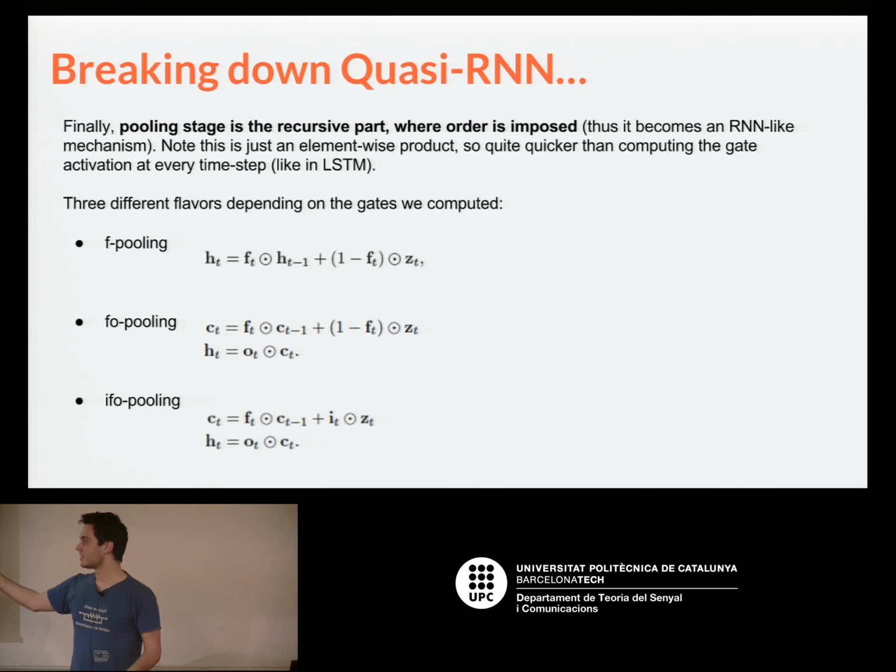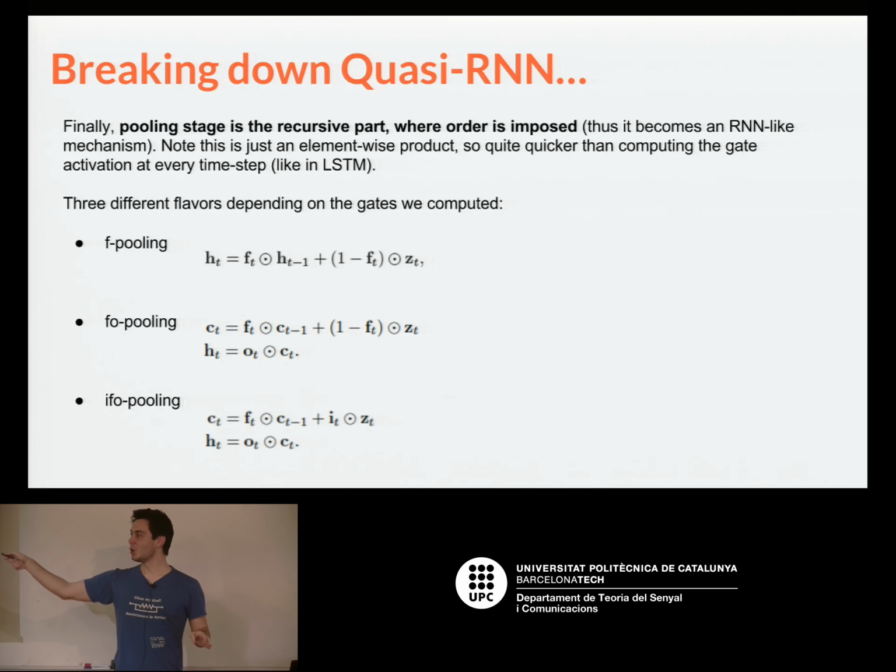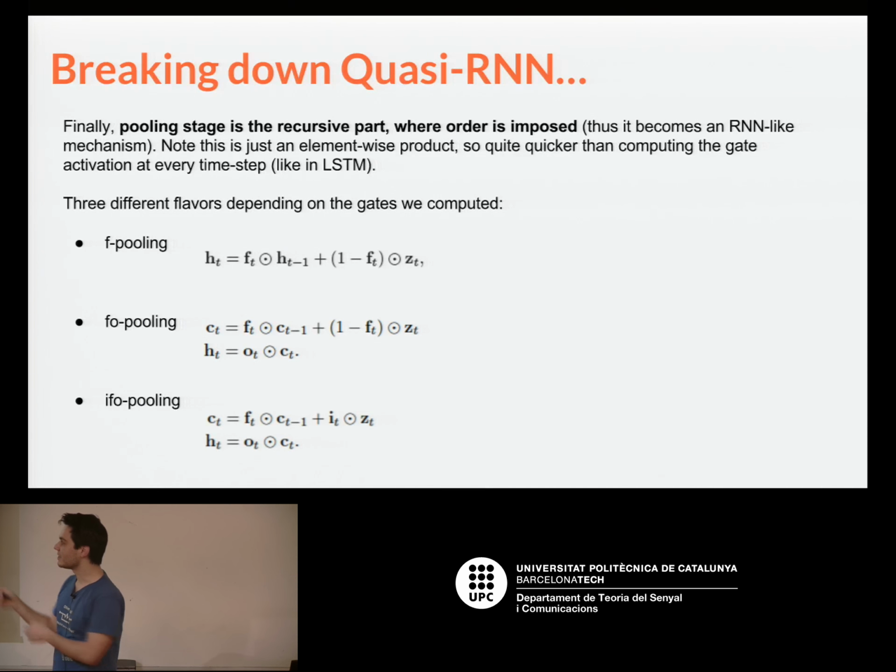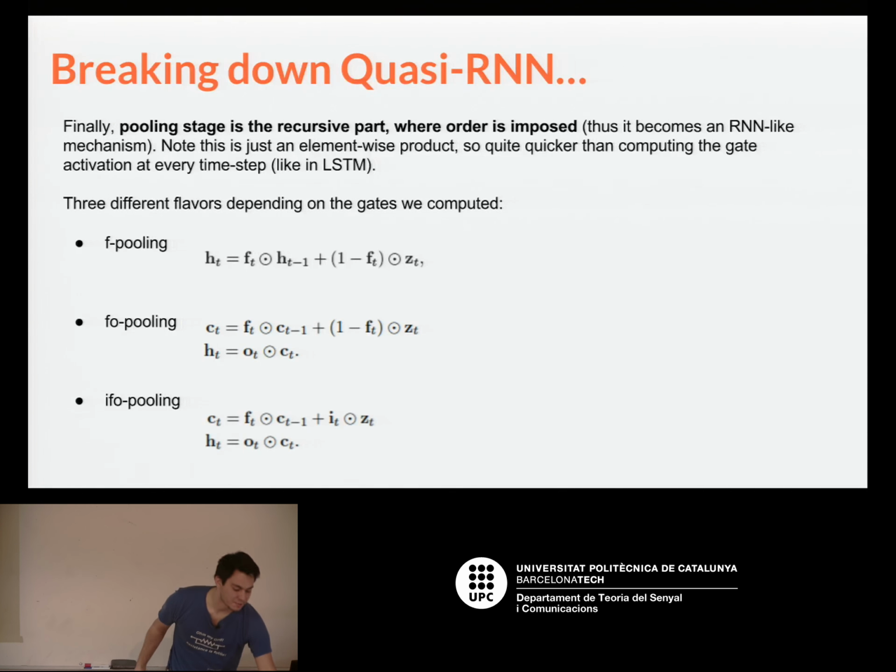This is the recurrent operation, where the slowness comes in, okay? But it's not as slow as in LSTM, because here the dependence of every time step is just an element-wise product, not a whole projection per activation, okay? This is the idea. All projections have been done in parallel before. Pooling is done just with an element-wise product.